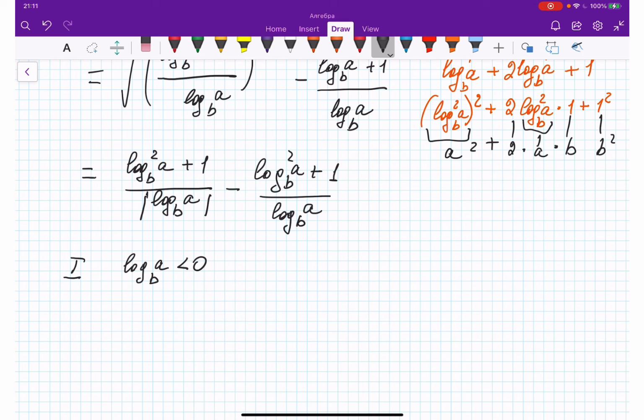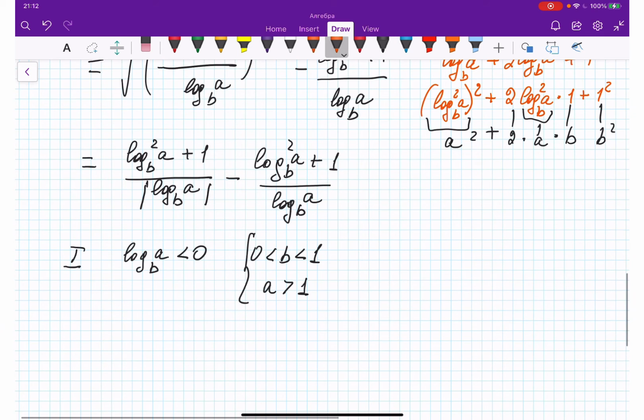When can this happen? This can happen when b is a fraction greater than 0 and less than 1, and a is greater than 1. Well, let's see. I have logarithm, for example, base 1/5, and a is 5. It's going to be equal to -1, right? To get 5. So our result is negative.